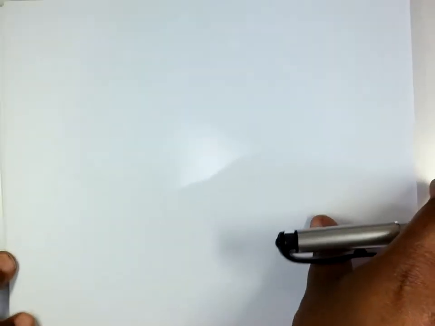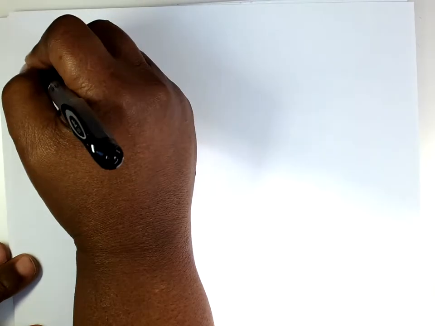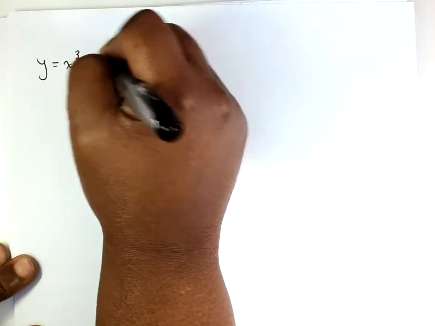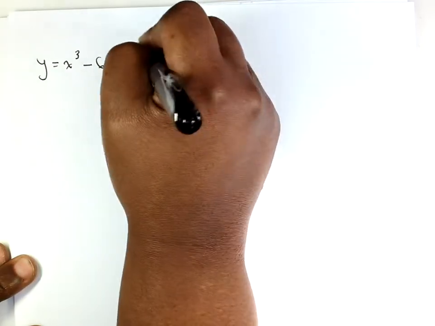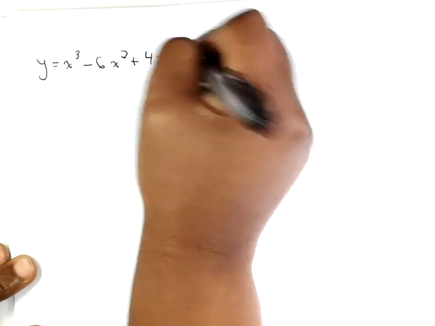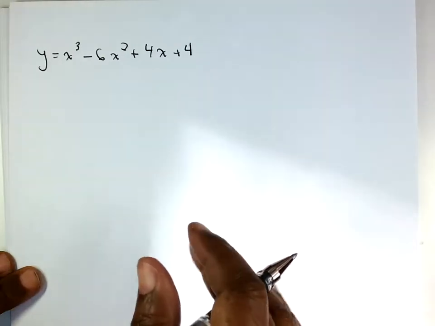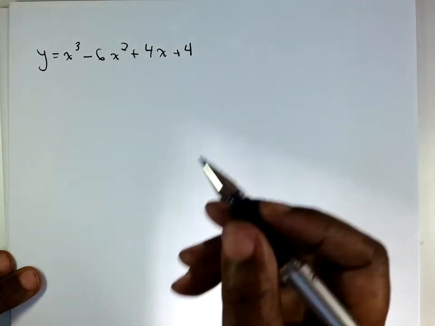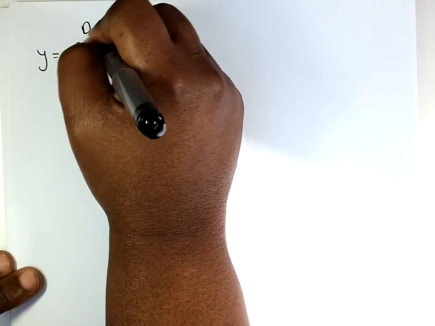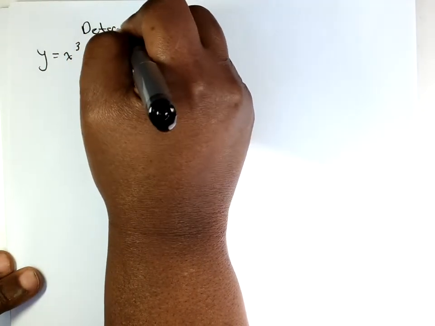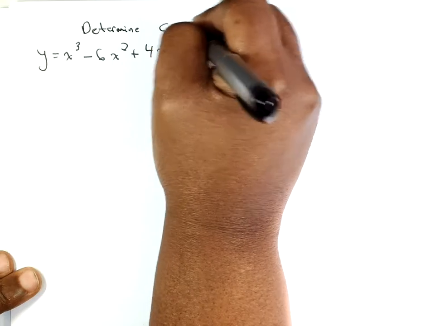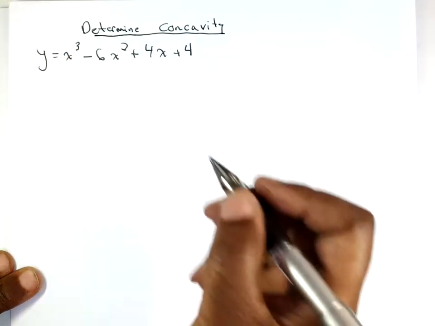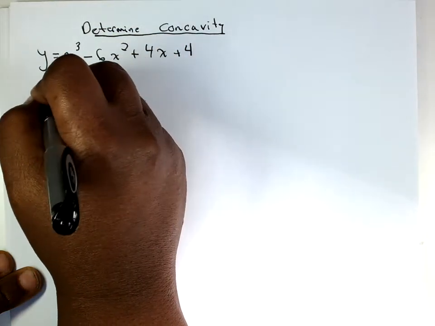Alright, so the first example that I had, we have y equals x cubed minus 6x squared plus 4x plus 4, and I want to determine concavity. Alright, so I need the second derivative.